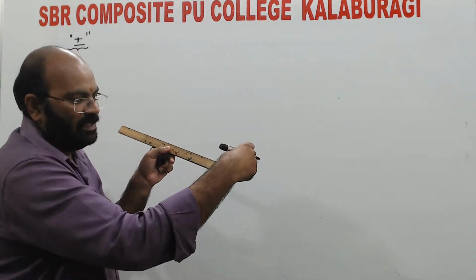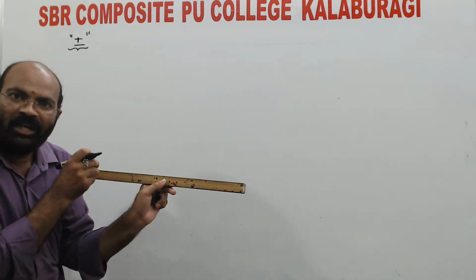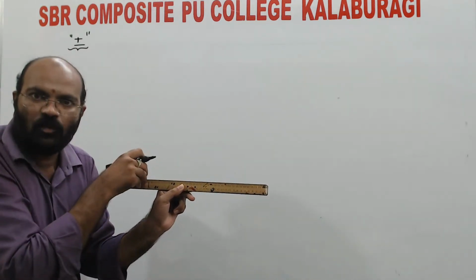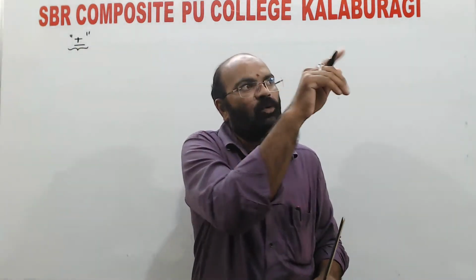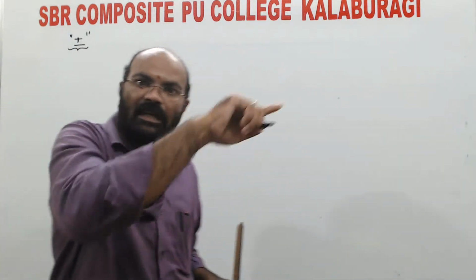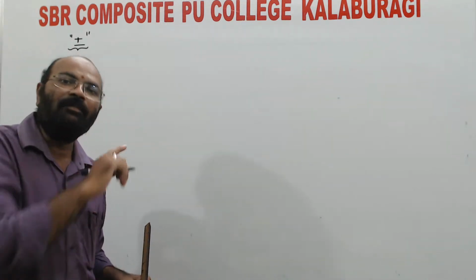There is a centimeter, then centimeter, centimeter. It means one division measured by this scale is 1 centimeter. Similarly, the least count of a stopwatch or a watch is 1 second. It means the minimum value which can be measured by any measuring instrument is called the least count.